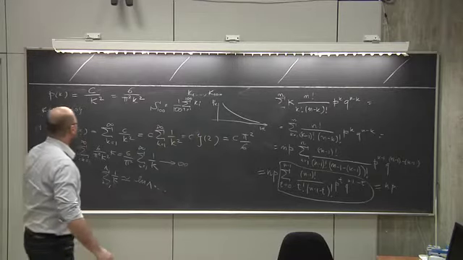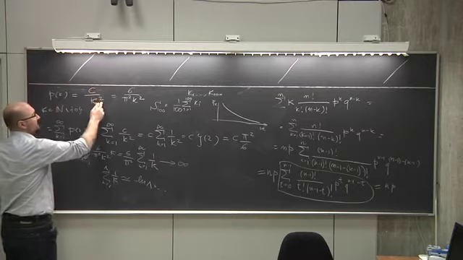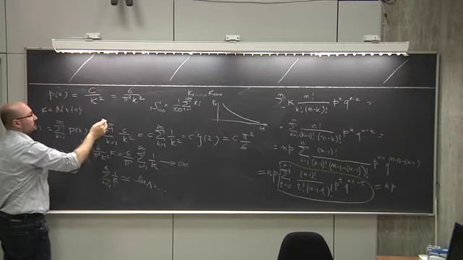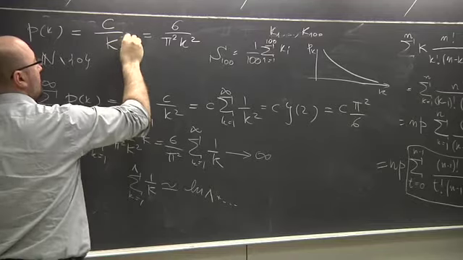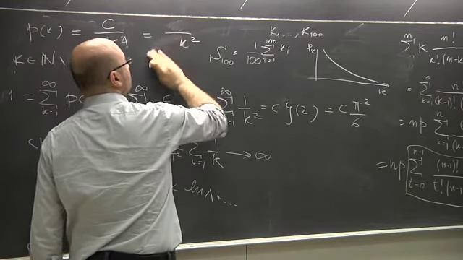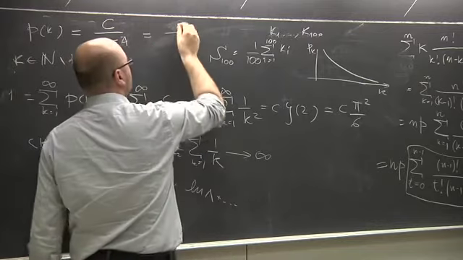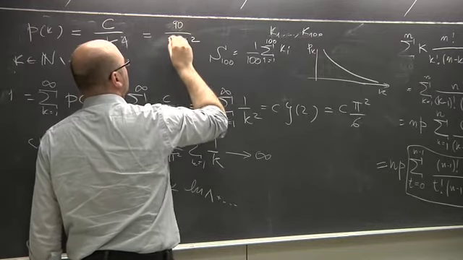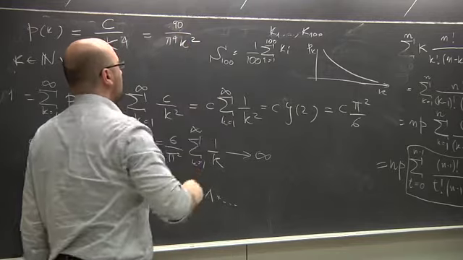So the same, if we change this, instead of c divided by k squared, we put k to the 4th, then the constant, as our friends told us, is not 6 divided by pi squared, but it's 90 divided by pi to the fourth.